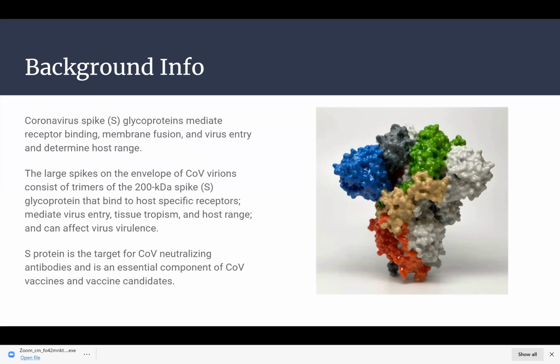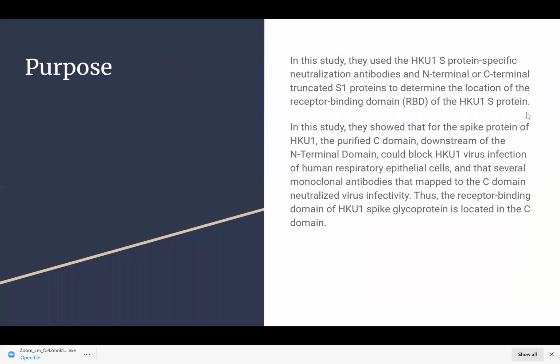The spike protein is the target for coronavirus neutralizing antibodies and is an essential component of COVID vaccines and vaccine candidates. So this is important to us nowadays, as just recently it's been announced that the Pfizer vaccine is available for wide use. This is the kind of stuff that they're looking at for the one that is out now.